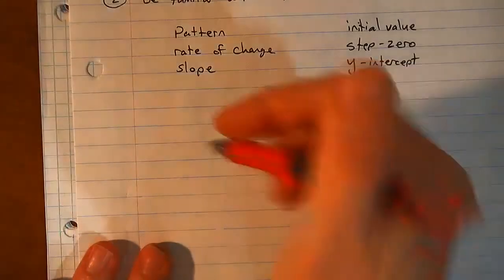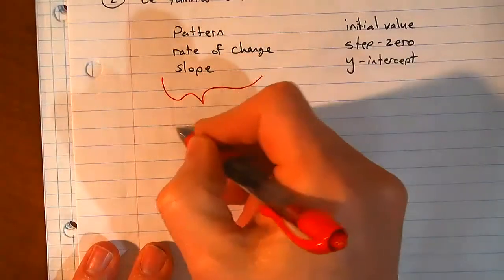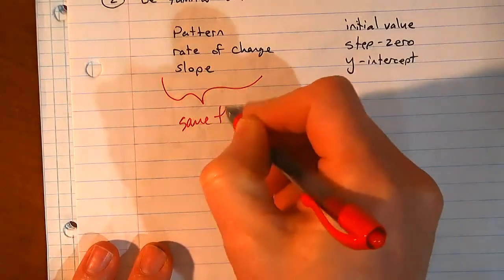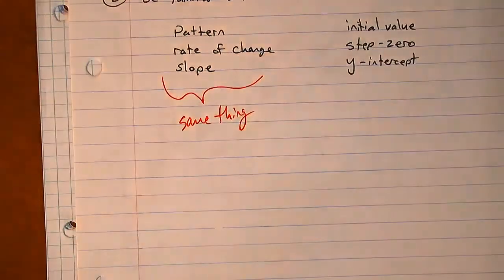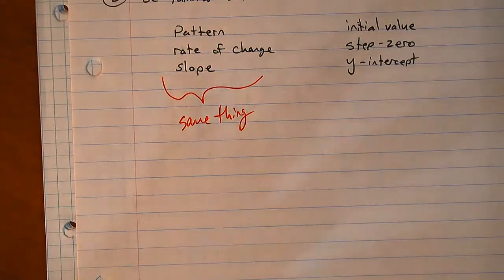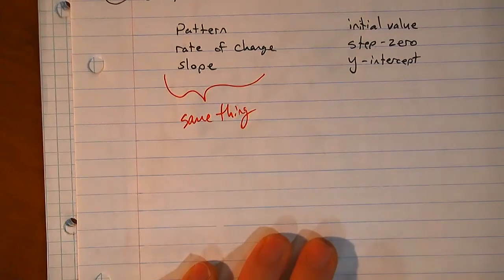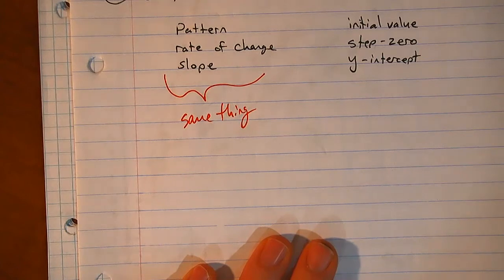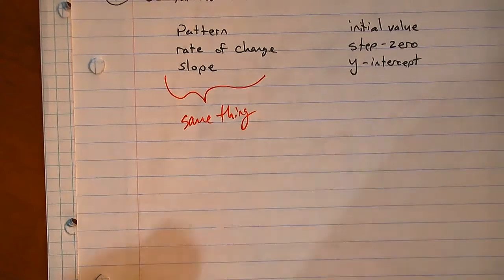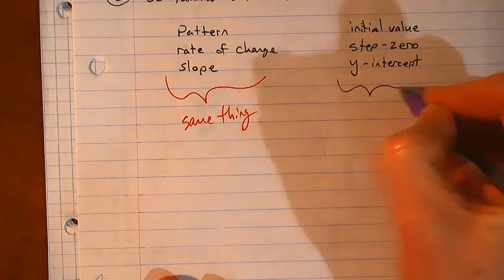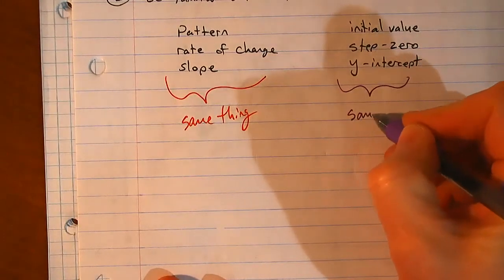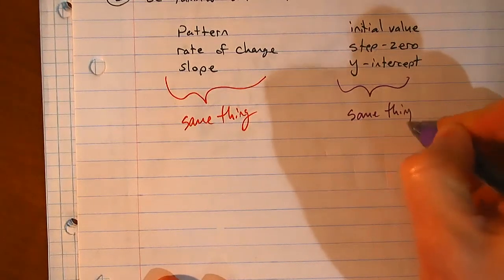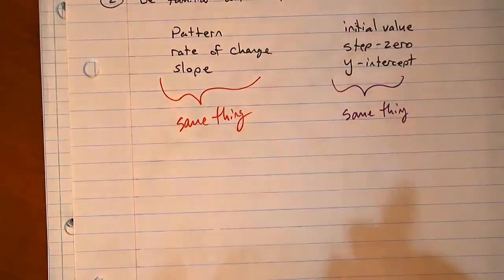You see, all 3 of these things are just different names for the same idea. How does the line change? And you might be able to guess that's also true for these, right? These are also 3 different words for the same thing. Not the same as these, but the same thing, okay?